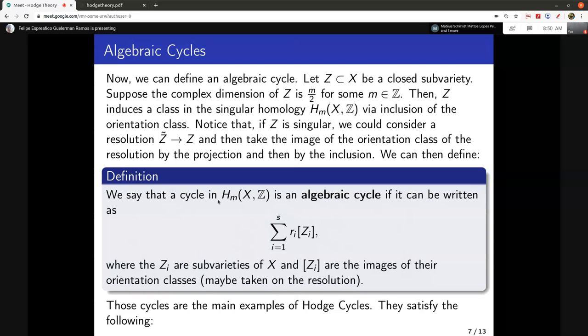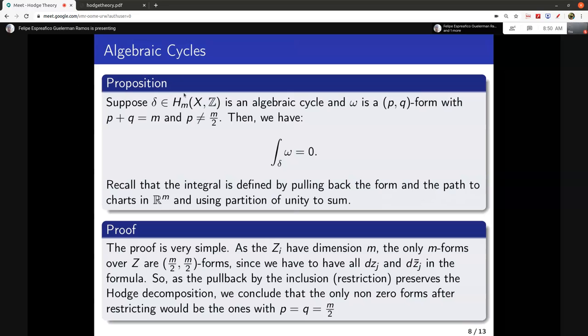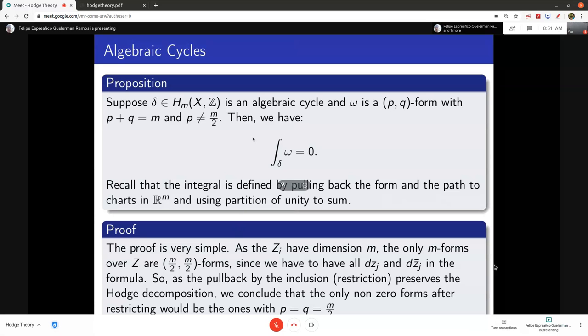And the important thing about these cycles, one of them, is that they satisfy this proposition. So if we have an algebraic cycle and a (p,q) form with p plus q equals m, of course, because we want to make this integral, but with p different from m over 2, that means p and q are different, we have that this integral is 0.